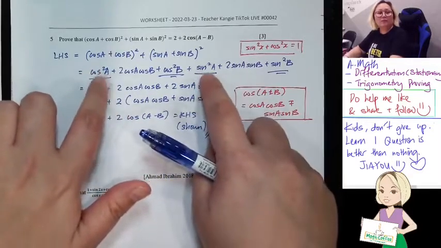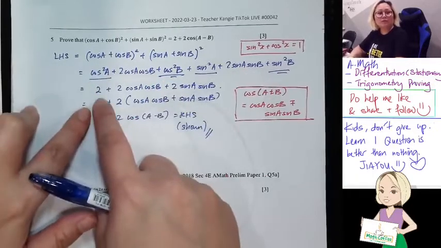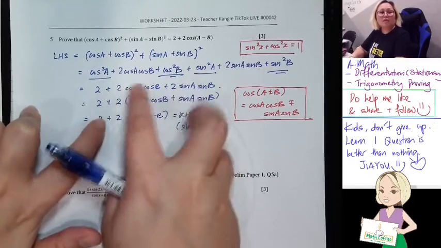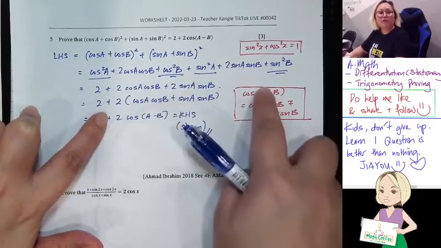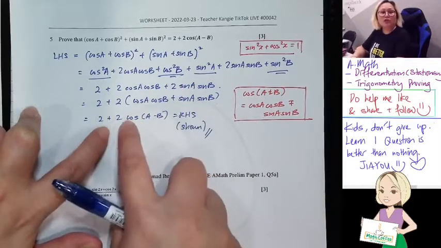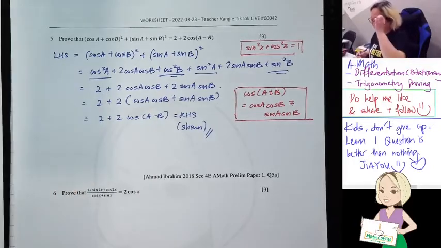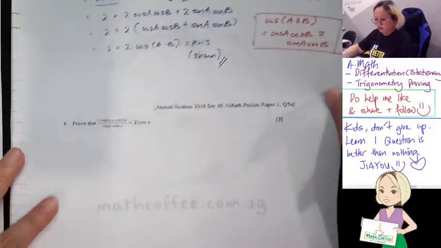These add up to become 1, and this one adds up to become 1 again, so I have a 2. Then this one I just rewrite and copy down here. Then I take out common factor 2, and I'm left with this bracket, which is the addition formula for cosine. I can change it to cosine A minus B, and we are done. Okay, let's move on to the next question.